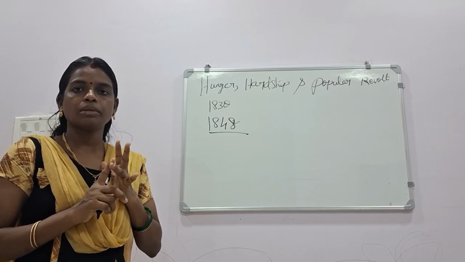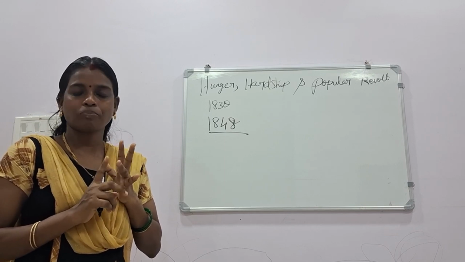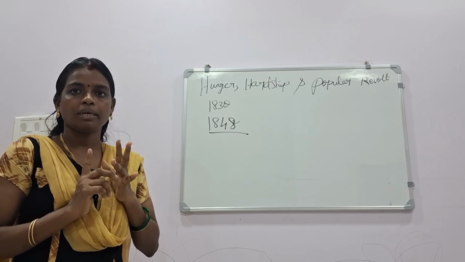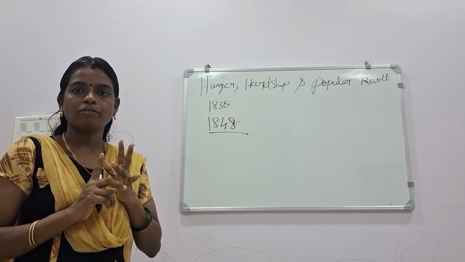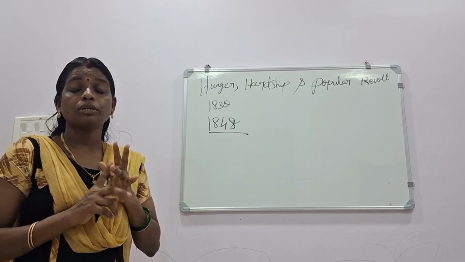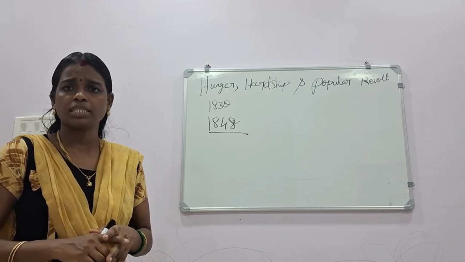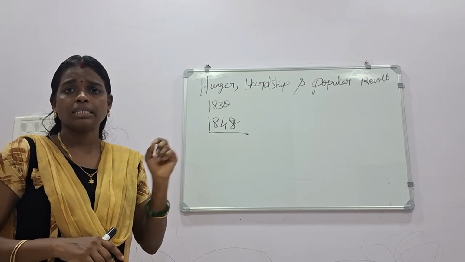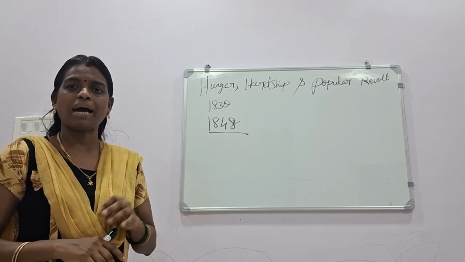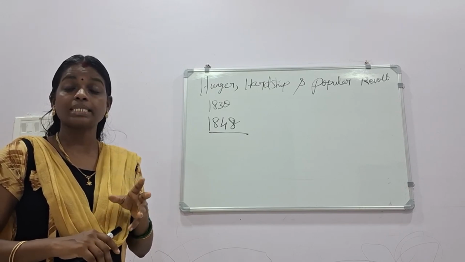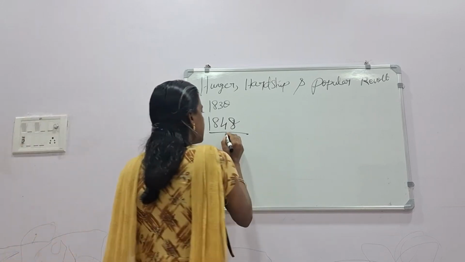So when cultivation diminished, the people didn't get proper food supply. When the people were not able to get food supply, they got involved in a revolt. Especially this condition existed in Paris, 1848.